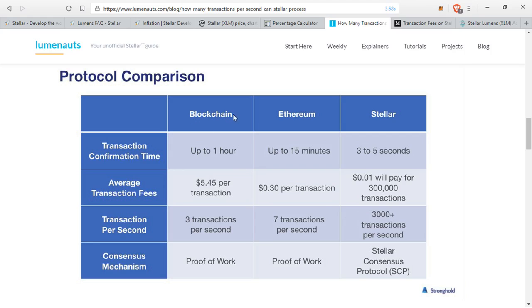It says blockchain. To be honest, this probably should say Bitcoin, as we know that Bitcoin can actually only transact 3 transactions per second. Ethereum does anywhere from 7 to 15 transactions per second. And the Stellar team claims that Stellar is able to produce 3,000 plus transactions per second, which is incredibly fast, especially in the cryptocurrency world.